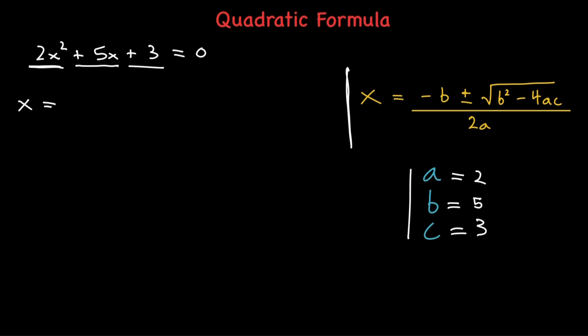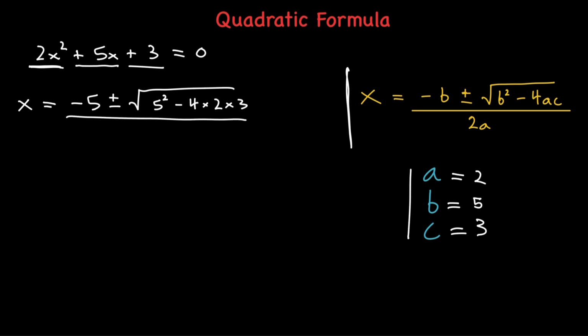X equals minus b, so minus 5, plus or minus the square root of b squared, which is 5 squared, minus 4 times a, which is 2, times c, which is 3. And all of that divided by 2a. And 2a is 2 times 2, which is just 4.